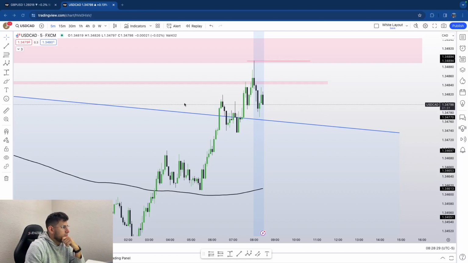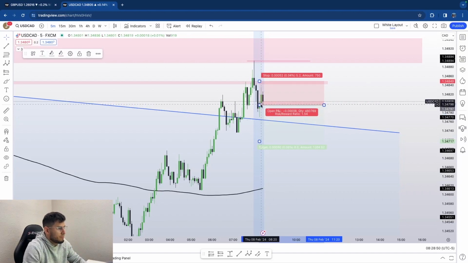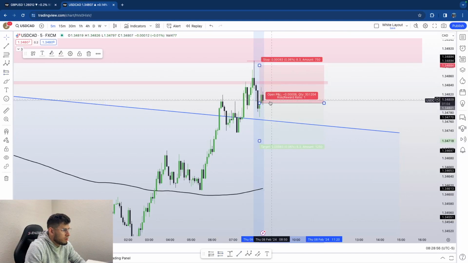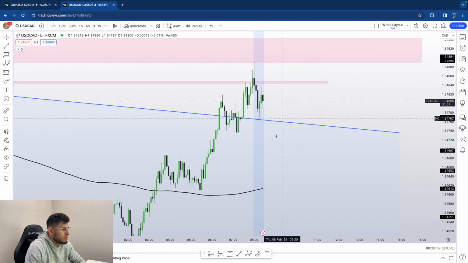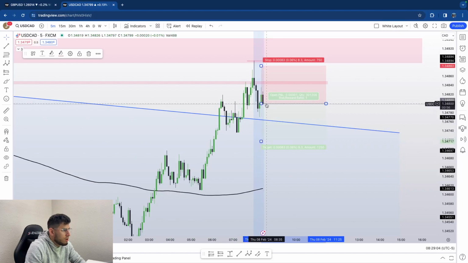Alright, we're in UCAD. We're in UCAD. What am I doing? There we go. What's going on, dude? Oh, it's just super light green. I can't see it.